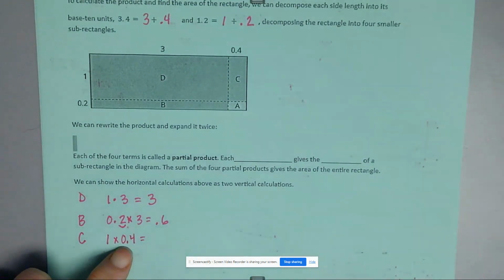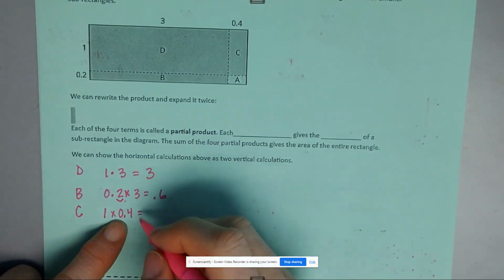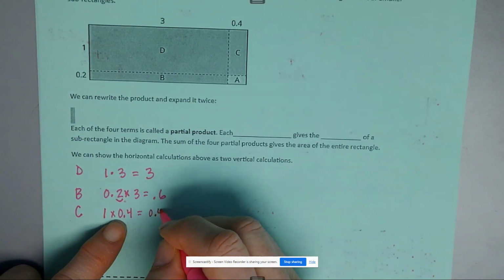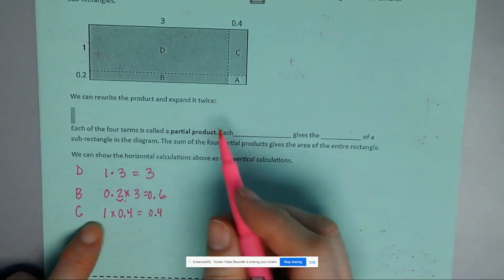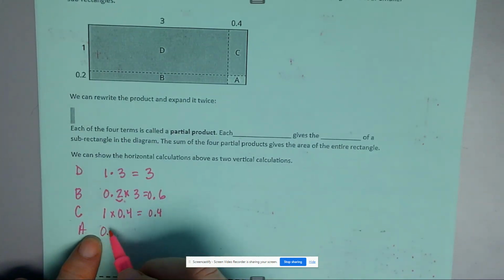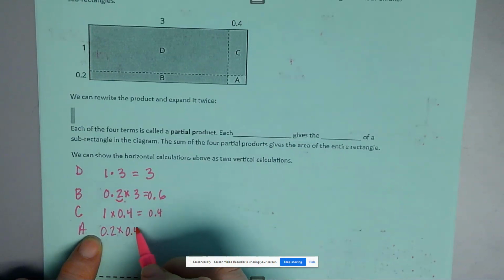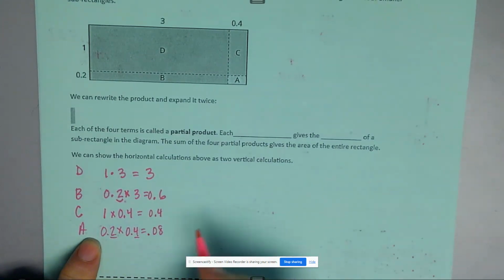Now you're probably wondering why I'm writing an X. I'm writing an X because it gets confusing between dots and decimals, right? Or multiply dots and decimals. So that's 0.4. I guess I'll put my 0. And then rectangle A is 2/10 times 4/10. Well, I know that's an 8, and 10 times 10 is 100. So it's 800ths.